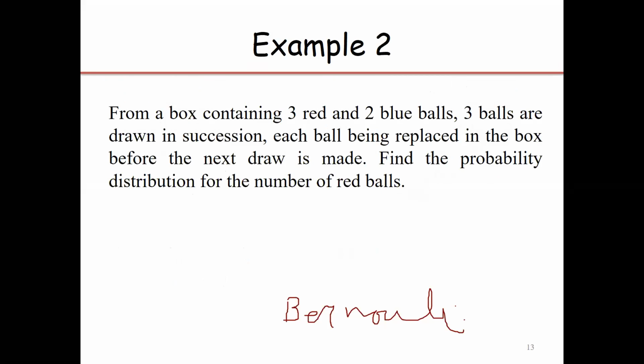In the first attempt, the probability of a blue ball is 2 upon 5 if I am selecting one blue ball. In the second attempt, if I am again selecting a blue ball while previously a blue ball was selected, the probability becomes 1 upon 4. The probability is changing from trial to trial. So that is why the binomial model cannot be used in the second.